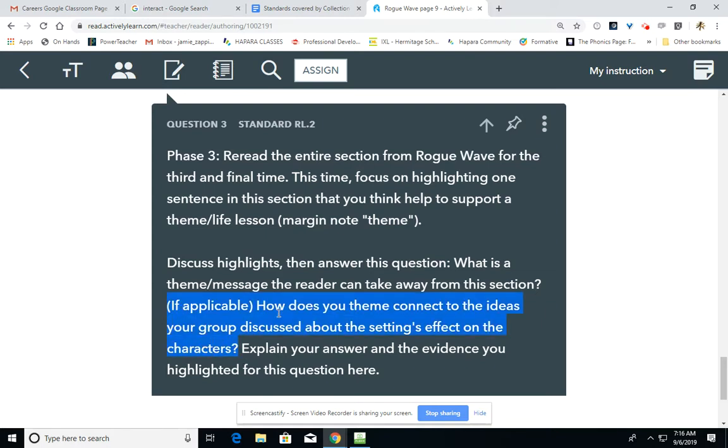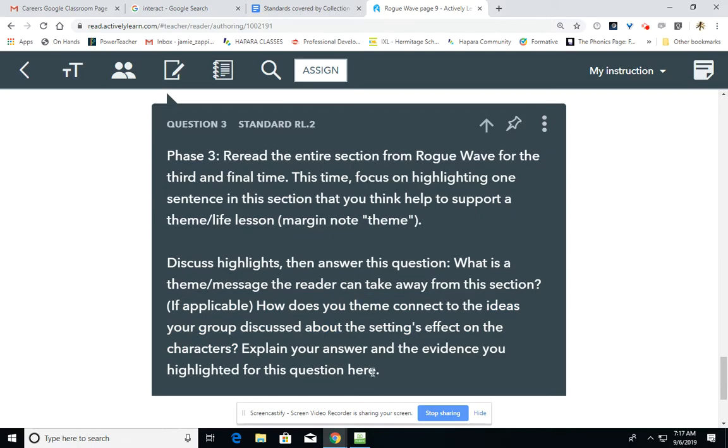That is optional. For those that really have dived into this text well and understand it, try to see if you can connect your theme to what you discussed about the setting's effect on the characters. How is your theme part of the setting's effect on characters? If you can do that, you are the close read master.